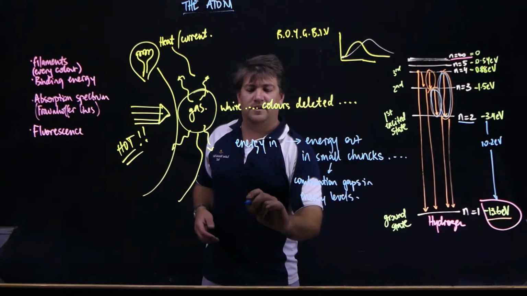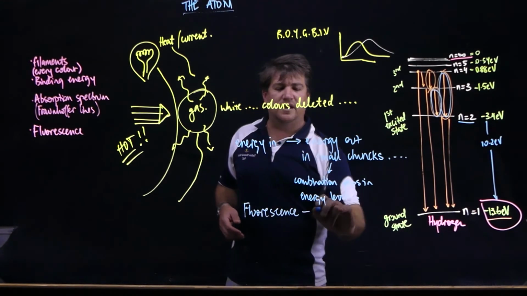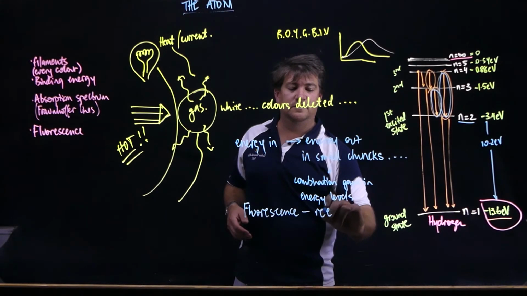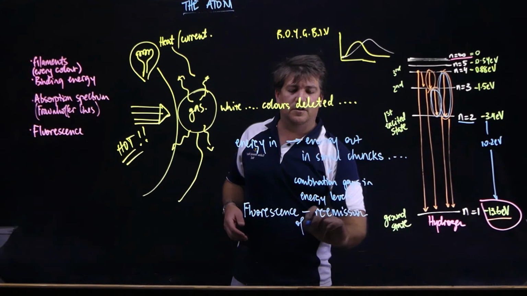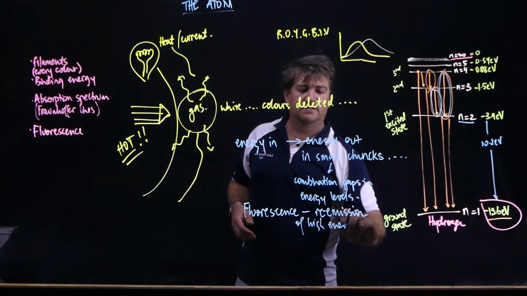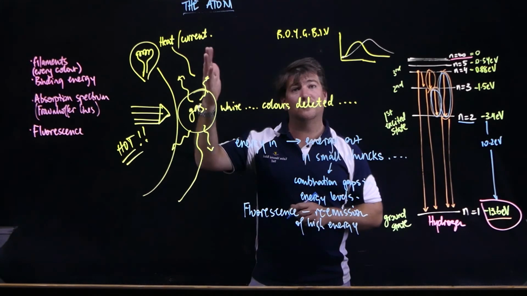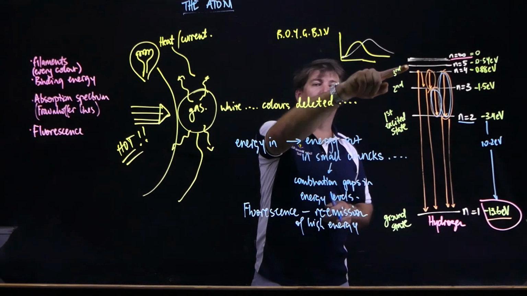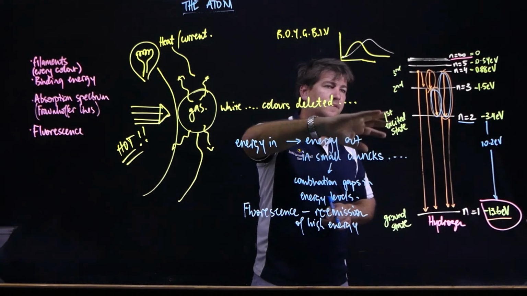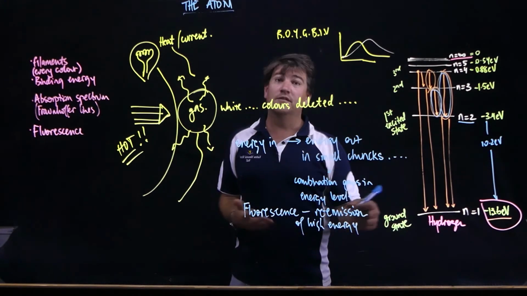So we call this fluorescence, and it's the re-emission of high energy photons, I guess. In fluoro tubes, it's actually ultraviolet light that gets created. The ultraviolet light ends up somewhere up here in the mix of stuff that's in the fluoro tube, and then it transitions back down in smaller steps.